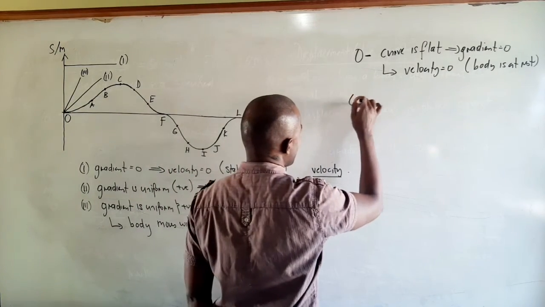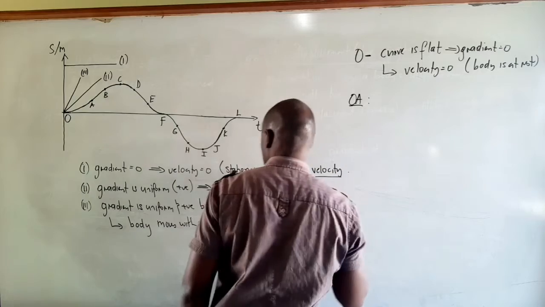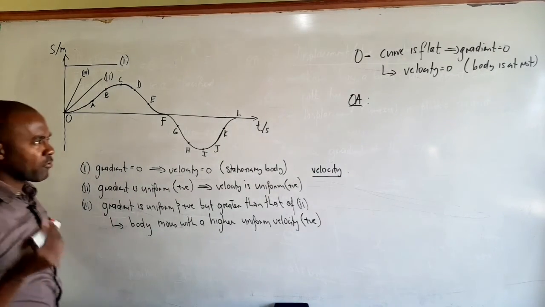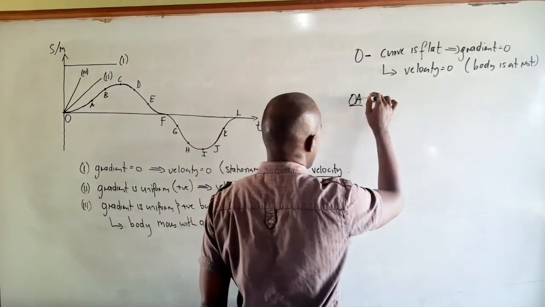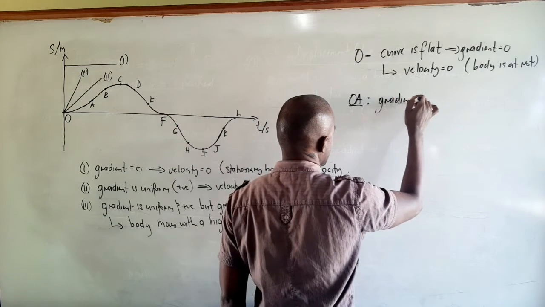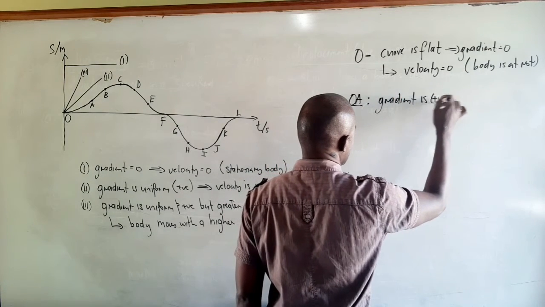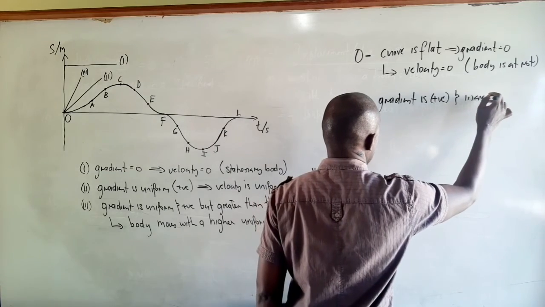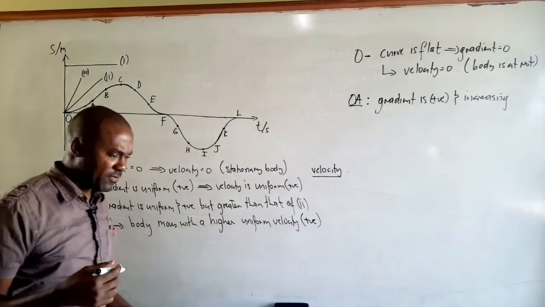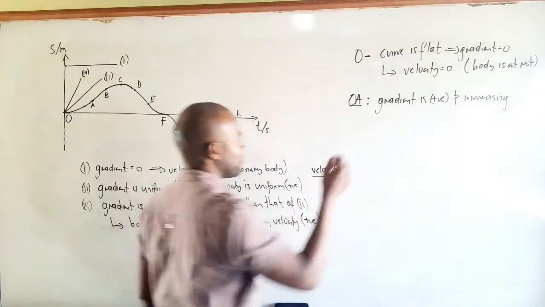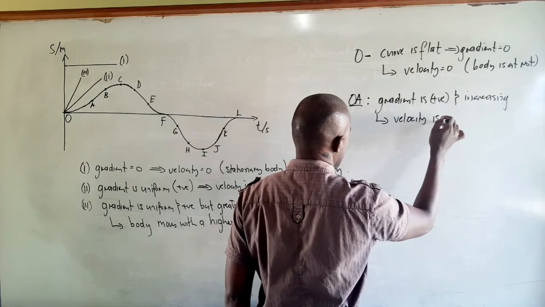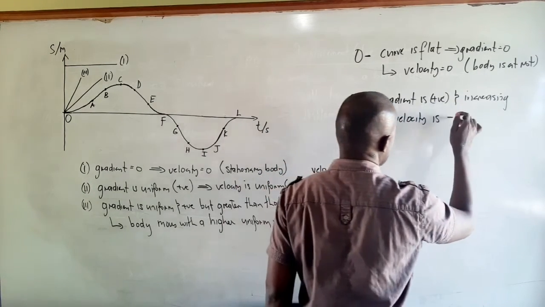Now, OA: the graph starts to curve upwards, and so the gradient is positive and increasing. And since, of course, the gradient of a displacement-time graph gives velocity, this therefore means that the velocity is positive and increasing.